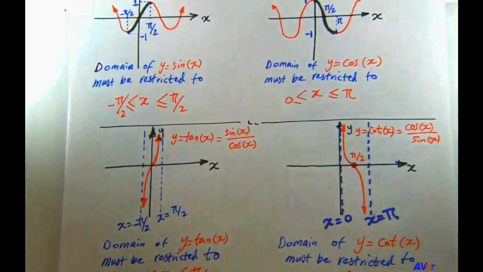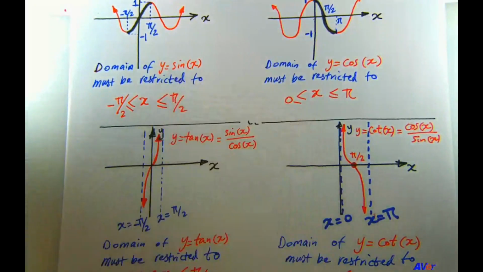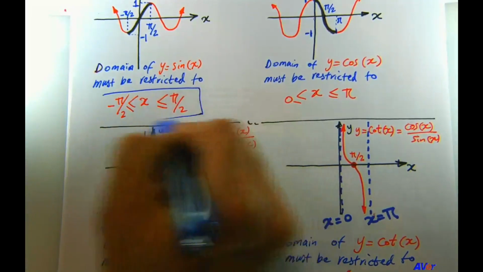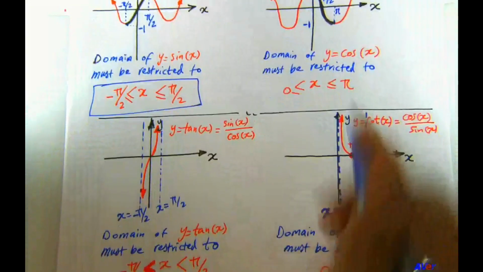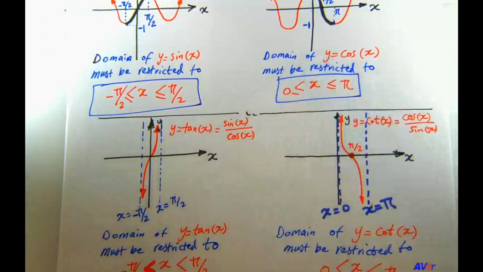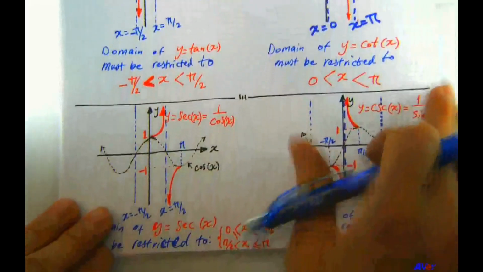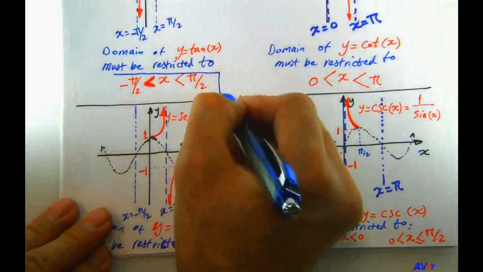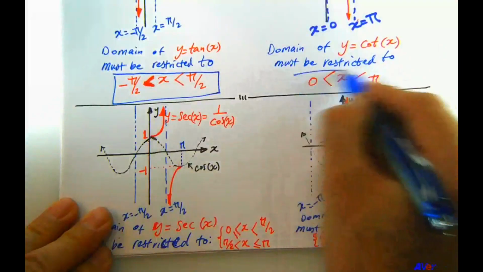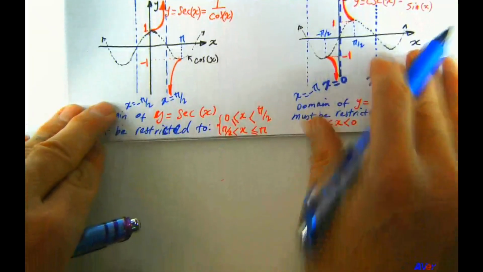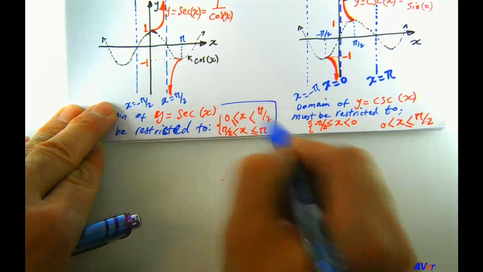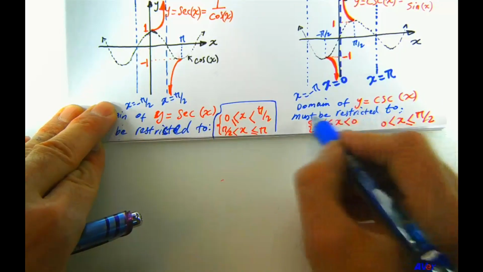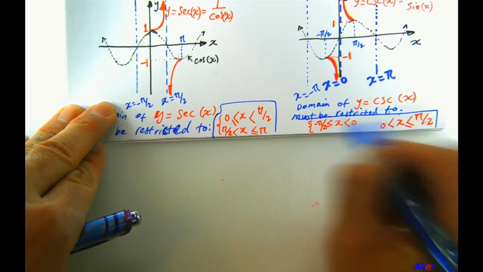As a matter of fact, let me go back and box all of these. So that's for the sine function. This was for the cosine function. These are all the restricted domains, right? This was for the tangent function, for the cotangent function, and then for the secant function, and of course for the cosecant function.